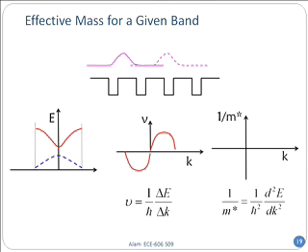The effective mass is the second derivative of energy with respect to k, and you can see here, if you take the second derivative of that first equation, then you will get something like this. And you can see that this particular mass actually is not a constant.